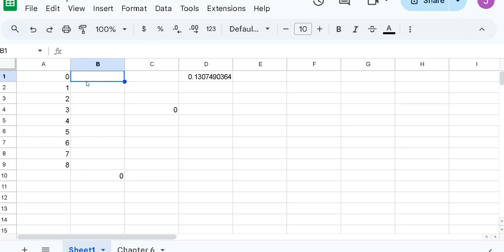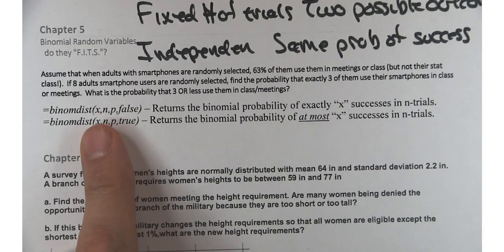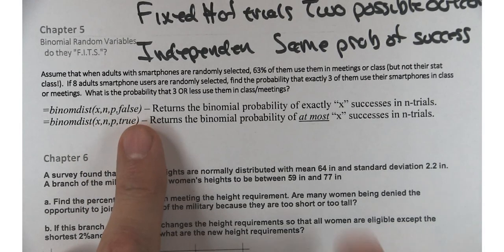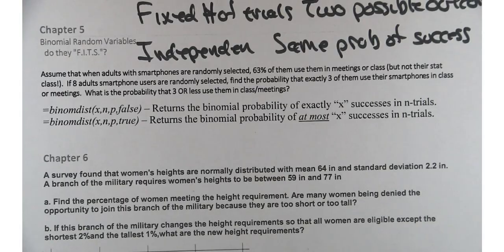So I'm going to start out with this one right here. Binom distribution with false. If I want exactly X number of successes, that's the one I'm going to use. Is binom distribution for false. So, okay. Let's do that.